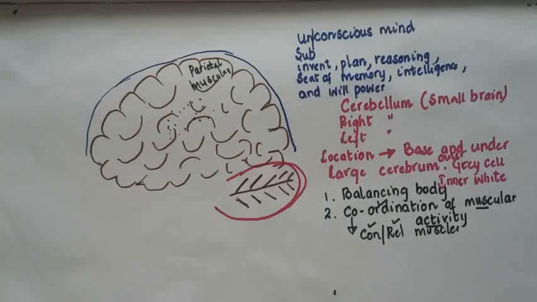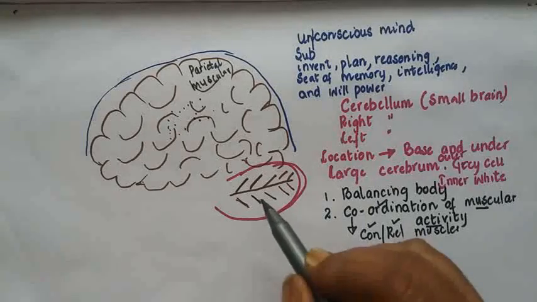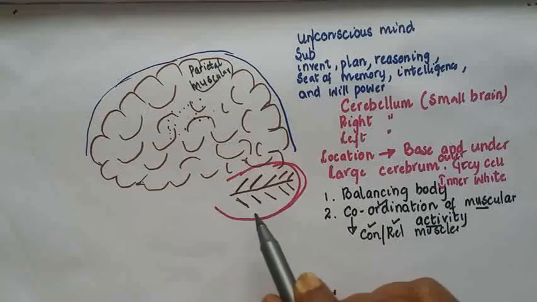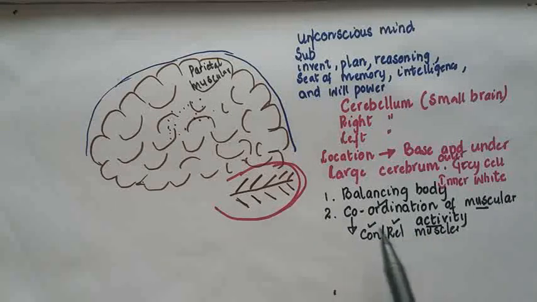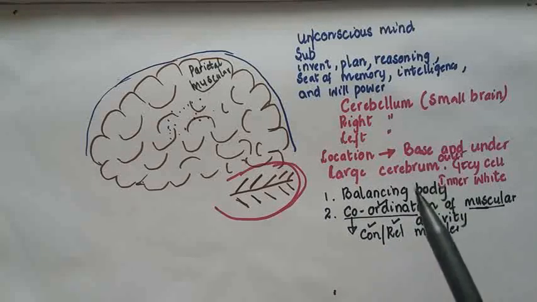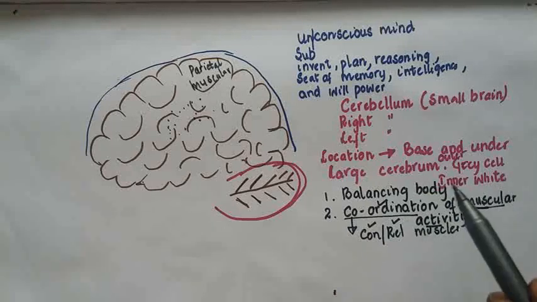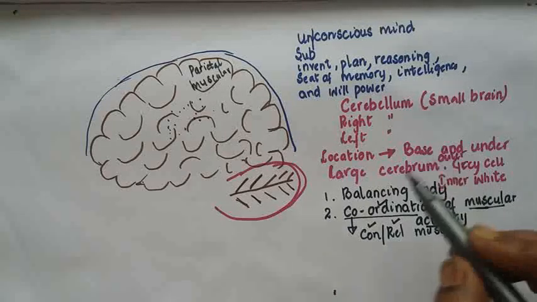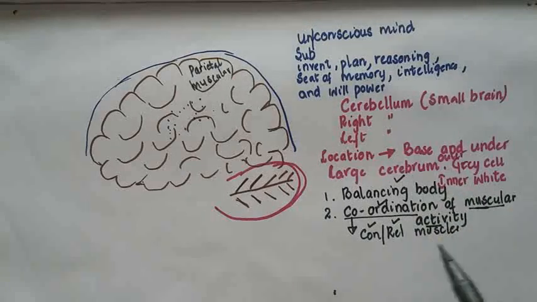This contraction followed by relaxation is brought about by the cerebellum. That is the reason I said you should use the word coordination of muscles. So what are the two functions of the cerebellum? It helps in balancing our body, followed by bringing about the coordination of muscular activity.